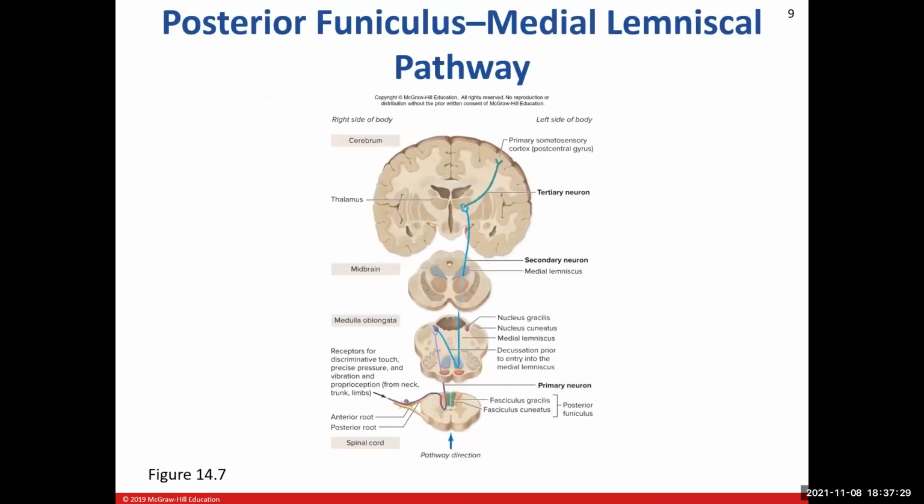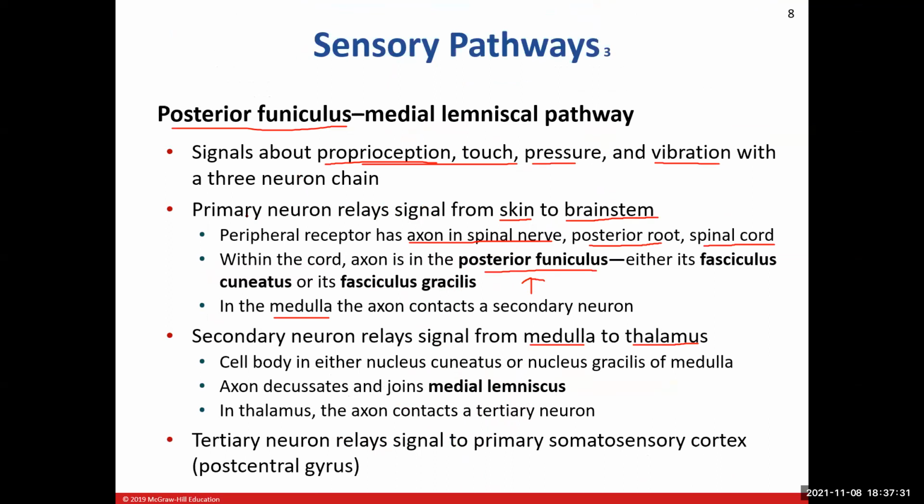So let's go back to the previous slide here. Like I said, the cell body is located in one of those nuclei, either the cuneatus or the gracilis. And that's where the primary neuron is going to contact or synapse onto our secondary neuron.